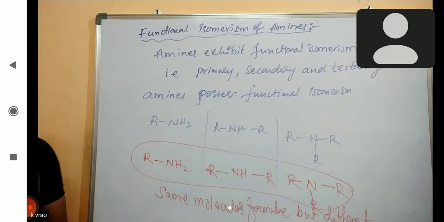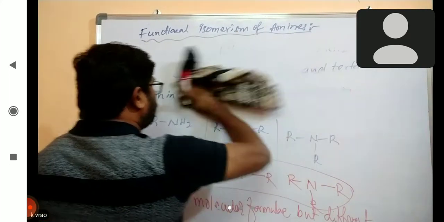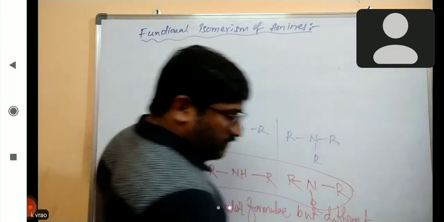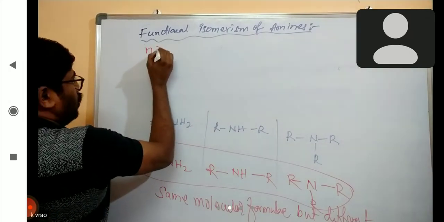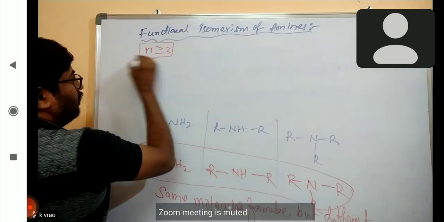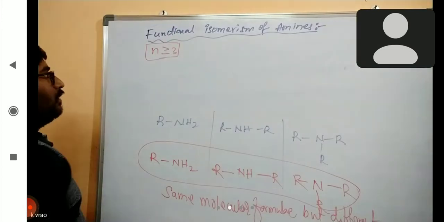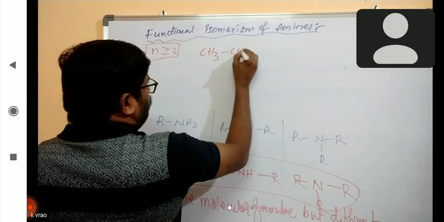See the example of this category. With three carbons, n is greater than or equal to 3, the minimum number of carbons is 3. That is CH3CH2CH2NH2.